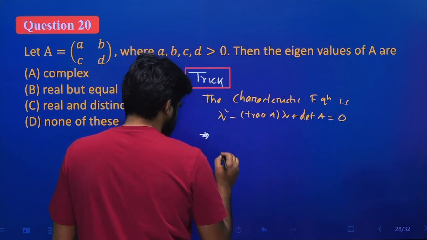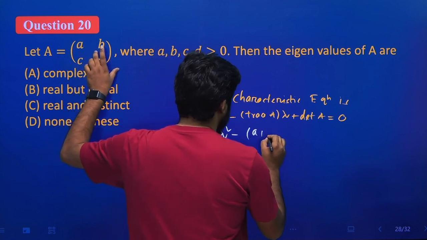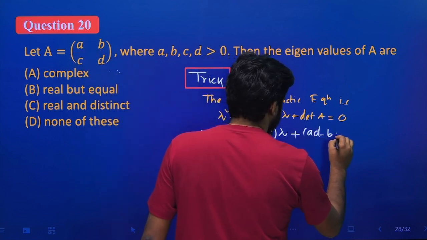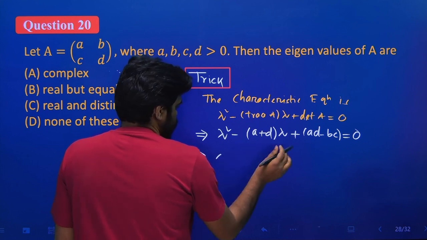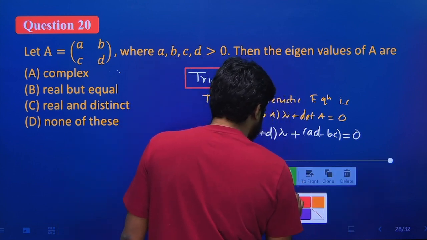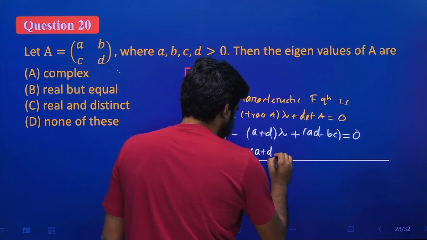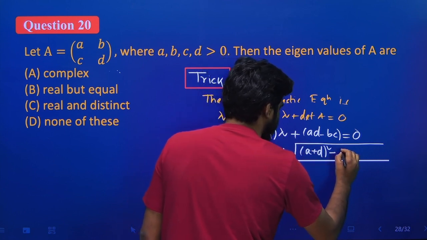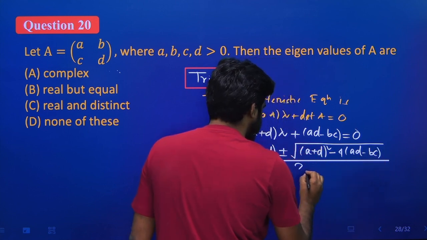So this implies lambda square minus (a plus d) lambda plus (ad minus bc) is equal to 0, where trace means the sum of the diagonal elements. Now just apply the Sridhar Acharya formula, that is lambda is equal to minus b plus minus root over b square minus 4ac divided by 2a, where a is 1, b is minus (a plus d) and c is ad minus bc.